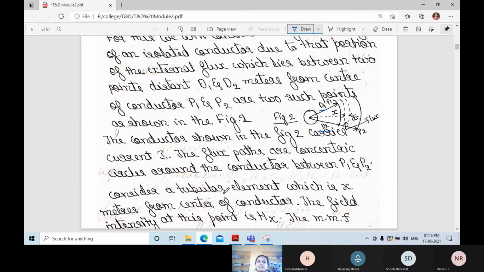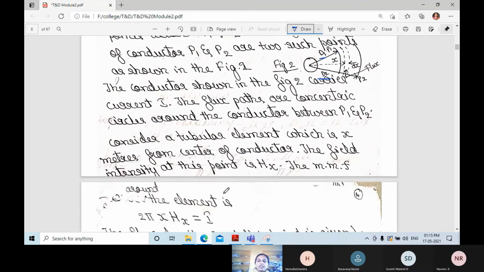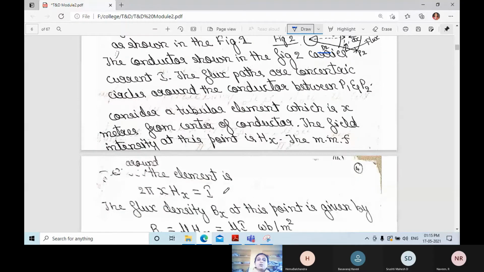Here they have considered a tubular element which is x meter from the center of the conductor, and the field intensity at this point is Hx. The mmf around the element is 2 pi x Hx, which is equal to I. This is the magnetomotive force.